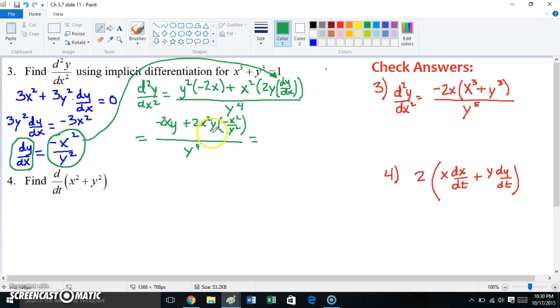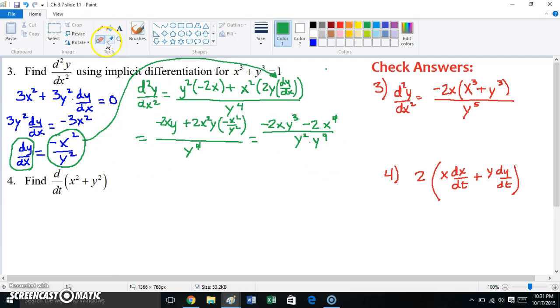All right, let's get a common denominator in the numerator. So that's a negative 2xy cubed plus, how about minus, 2x to the fourth. That's all over y squared. And if I also divide by the y to the fourth that's in the denominator as well.